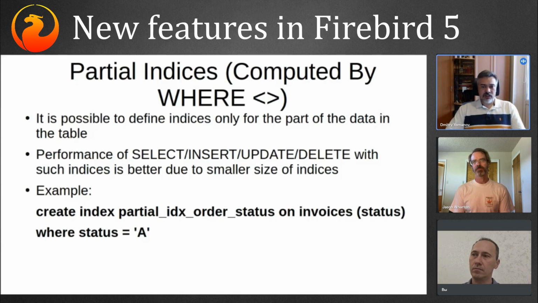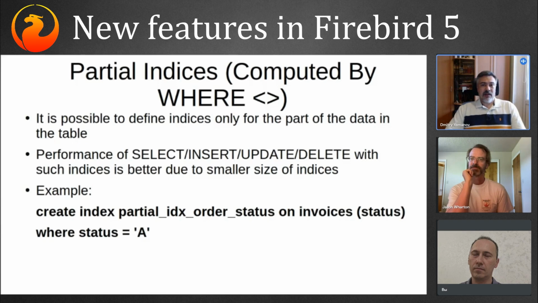And here you can see just a syntax example of how such a partial index is created. Nothing really complex here, just a where condition is added, and that's all. For example, if you have some kind of flag in your table that distinguishes between archive and actual documents, you can index only the actual documents to process them faster.